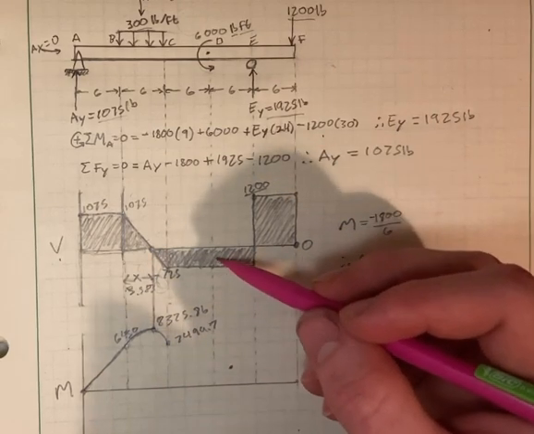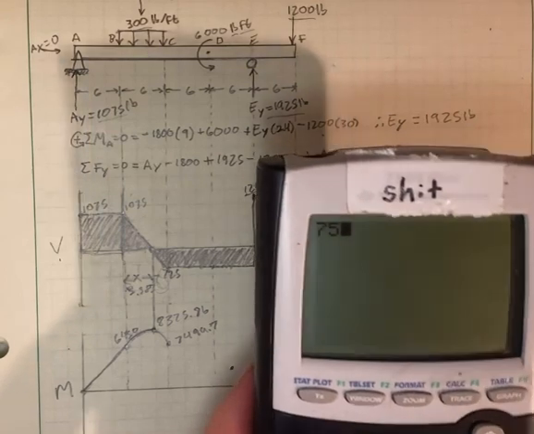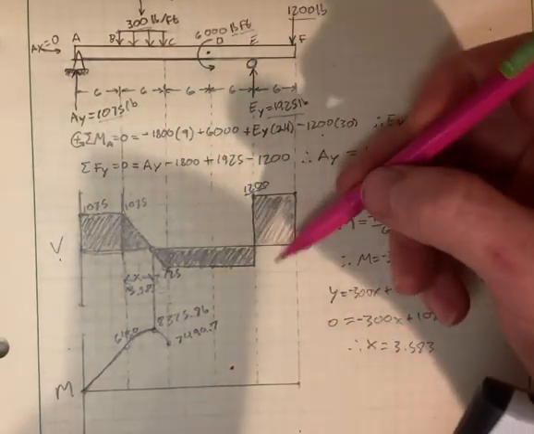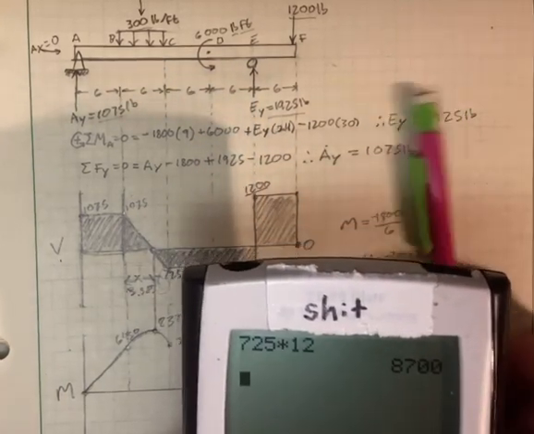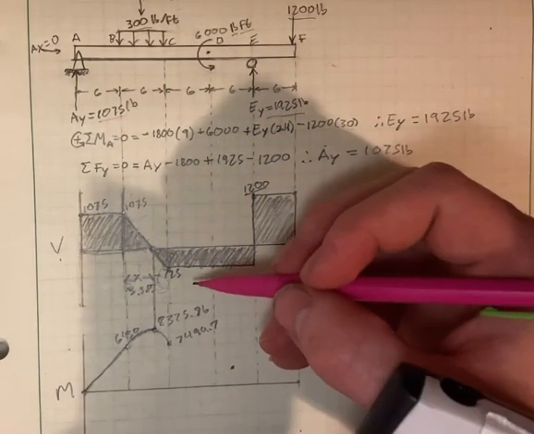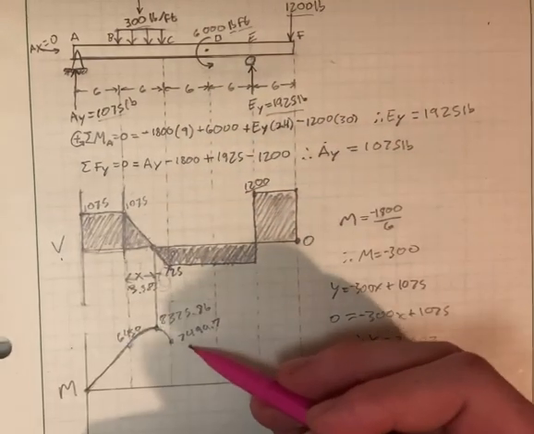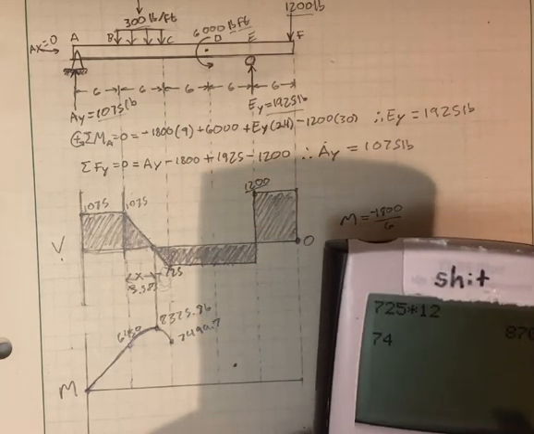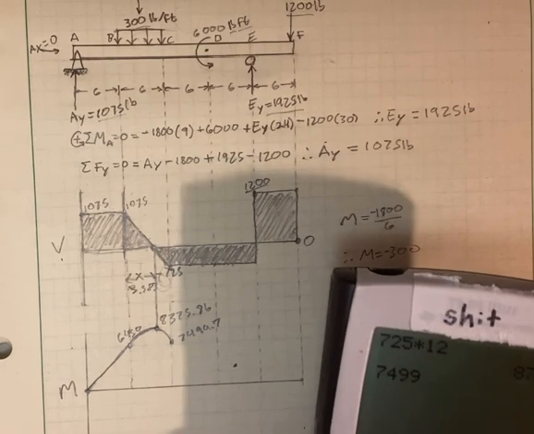It's going to go down the amount this value gives us: 725 times 12 is 8,700. So it's going to go down 8,700 at a constant rate from 7499.7. Oh, sorry, not point, what am I doing?